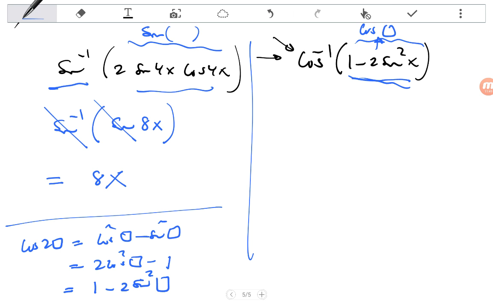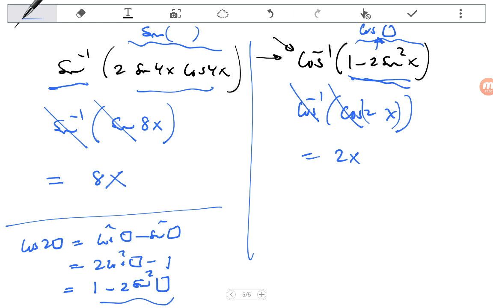Is this one of them? Yes, the third one. So this is exactly cosine double the angle. So that will be cosine inverse of cosine 2x. Now we may cancel this by this, and it will be 2x.